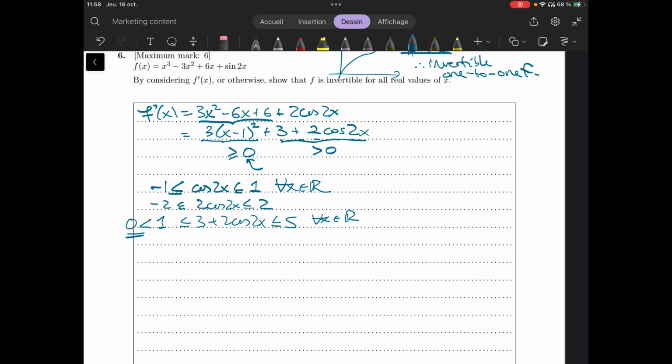So we show that this part is also positive. That part has to be positive. Therefore, the sum has to be positive. This implies that f is increasing for all real x. It implies that f is one-to-one or invertible for all real x.